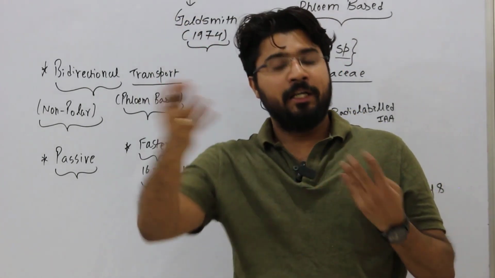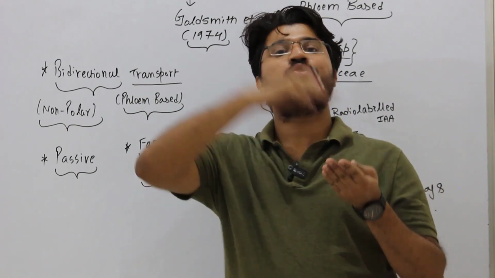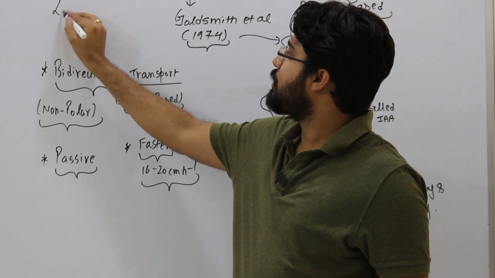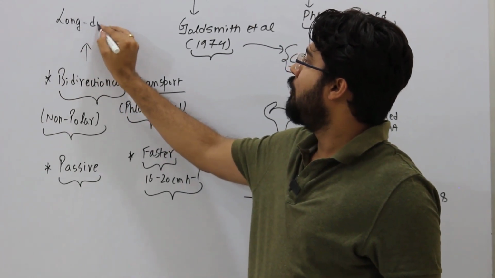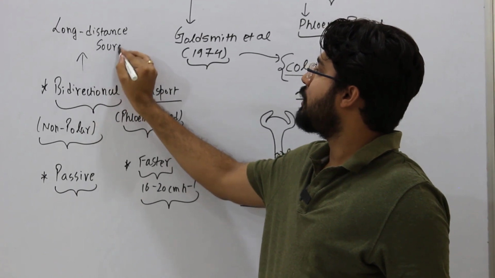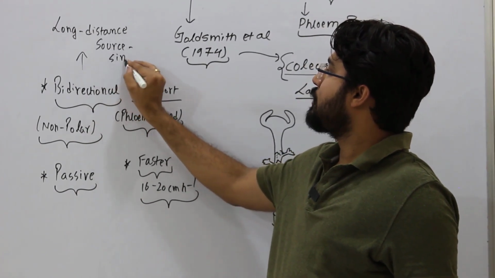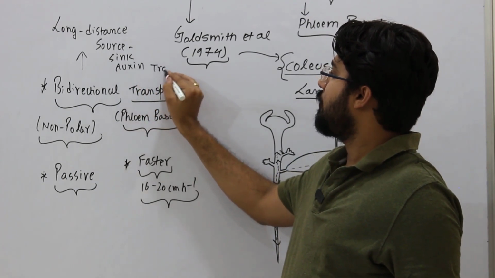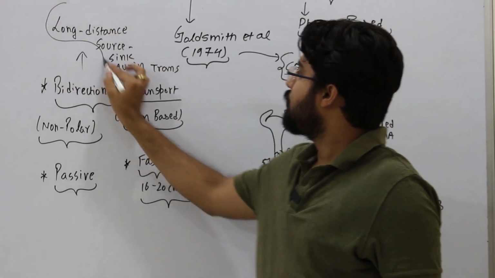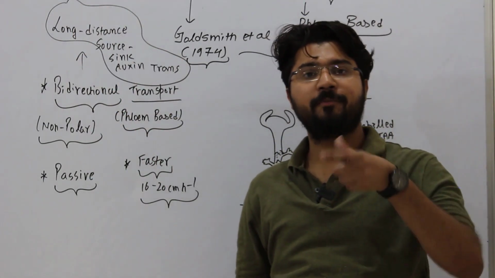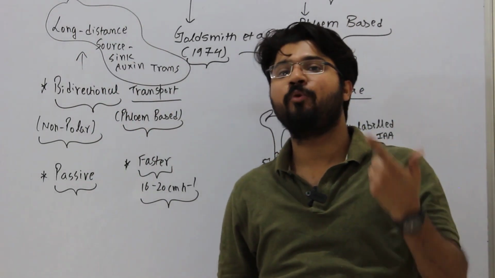We can also call this source to sink relationship, source to sink transport. And therefore in some books it is also written like this: long distance transportation. Long distance source to sink auxin transport. So if you see a statement that long distance source to sink transport or long distance auxin transport, is it polar or non-polar?